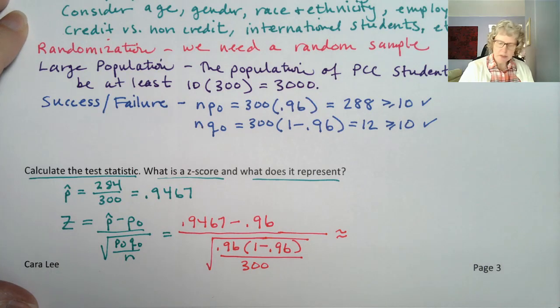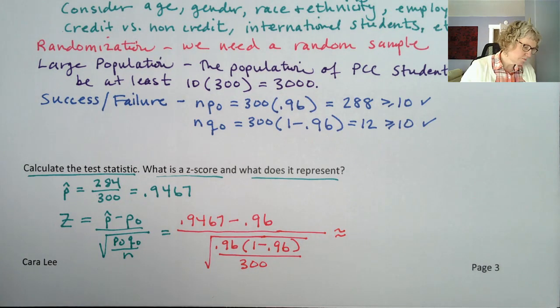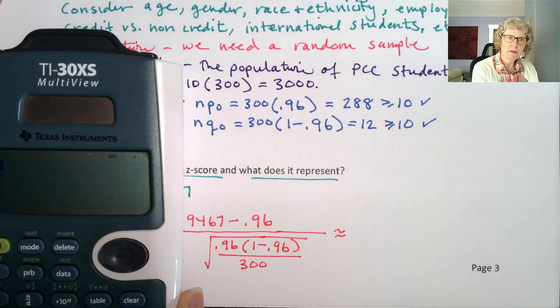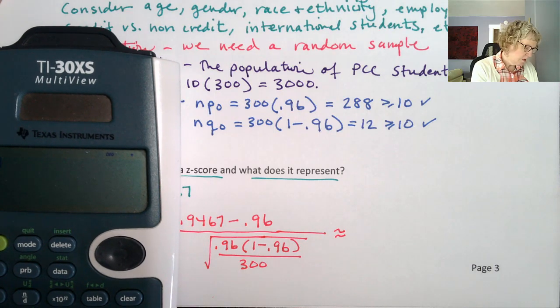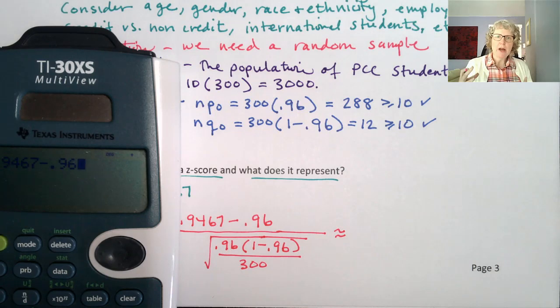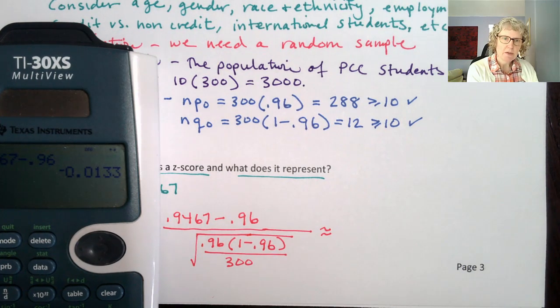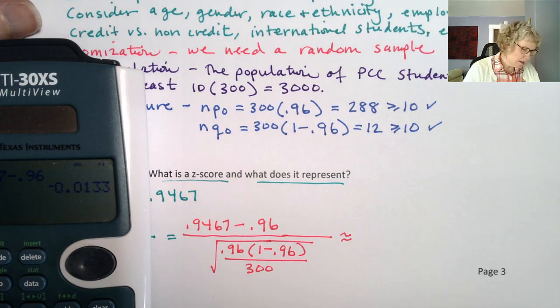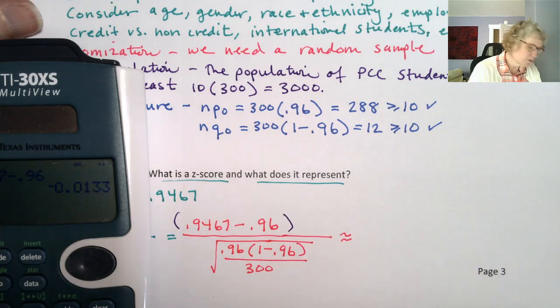Okay, and then approximately equals. Let's calculate that. 0.9467 minus 0.96. Because this is a subtraction before a division, we need parentheses or I need to hit enter. So I'm going to hit enter first, and that's the difference. I'm also going to write in parentheses right here, just to remind you.